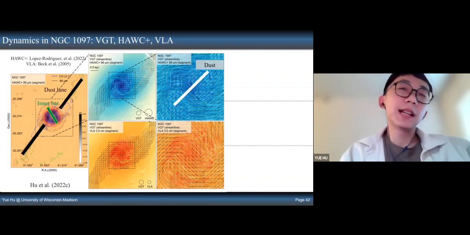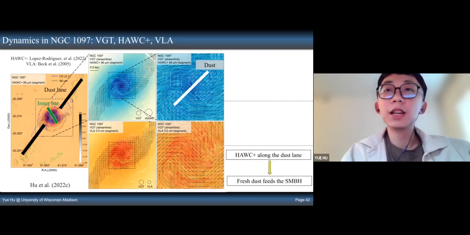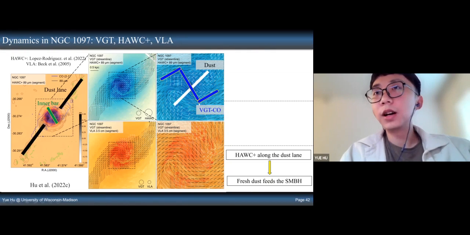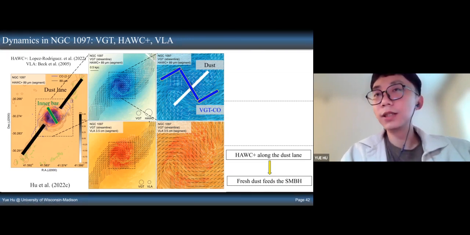We expect such a radial magnetic field parallel to the dust lane means fresh dust is feeding the galactic nuclei. But interestingly, the magnetic field obtained from the velocity gradient using CO emission is perpendicular to the dust polarization, and they disagree with each other.